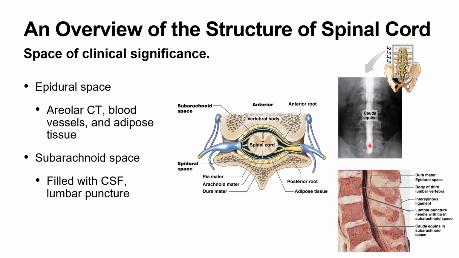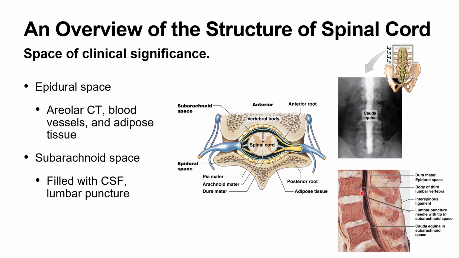So we go down to the lower lumbar spine, where we see the cauda equina. And you can see through here those individual nerves of the cauda equina as they float inside that dura mater in all of that CSF.